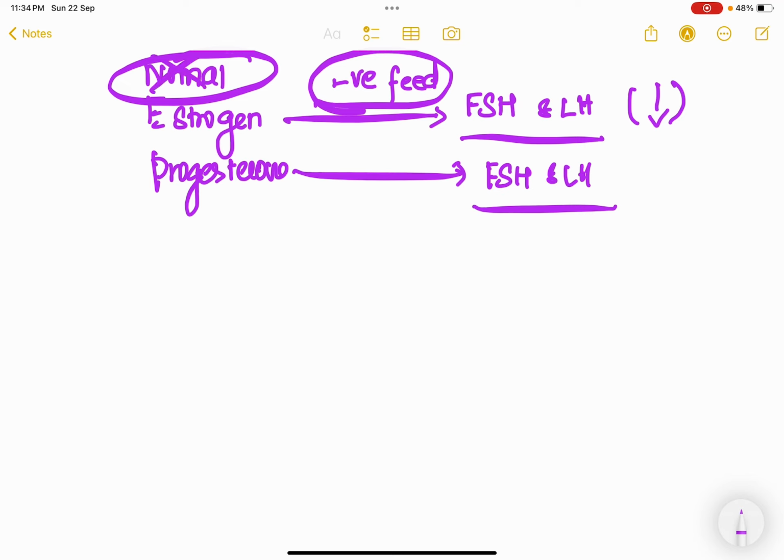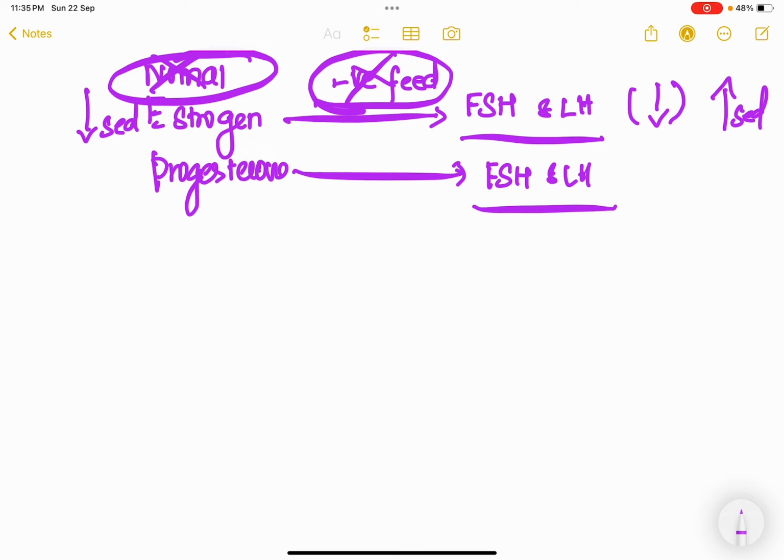The levels of estrogen, progesterone and the other hormones are going to be decreased. Since estrogen itself is decreased, the negative feedback it has on FSH and LH is lost, and therefore the FSH and LH levels will increase.